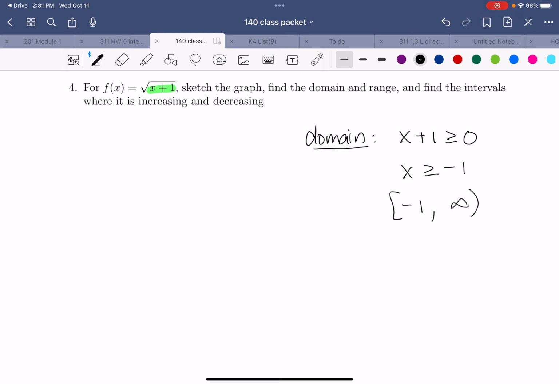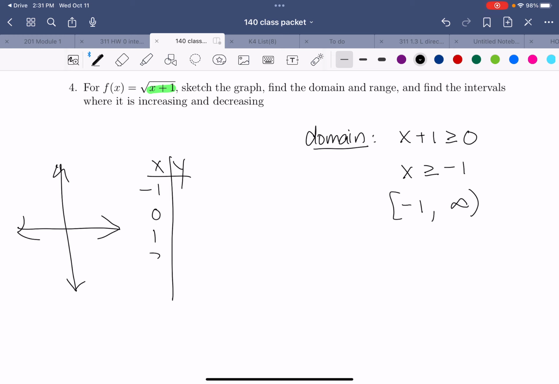So that's my domain. That means when I go to graph this and pick points, I have to pick points that are in that interval. Otherwise, they're not going to work. So I'm going to start with -1 and go for a couple from there. So -1, 0, 1, 2, 3. Let's see. -1, when I plug it into the function up here, is going to give me 0.